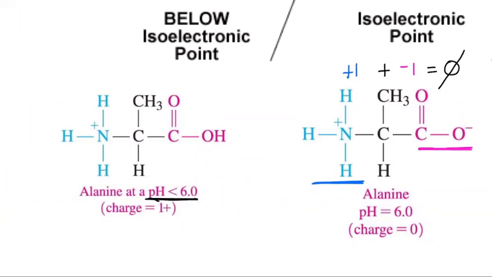So again, alanine has an isoelectric point of 6. So what happens to the molecule of alanine when we put it in pH that is lower than an isoelectric point? Because when we are lowering the pH, that means that we're going to have more H plus around.